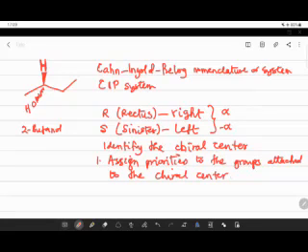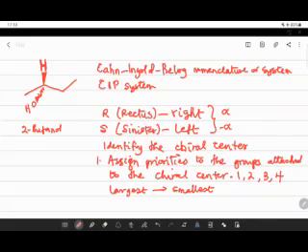And the priorities are assigned in order 1, 2, 3, and 4 from largest to the smallest. So the smallest group is always given the lowest priority, which is 4. The largest is given the highest priority, which is 1.